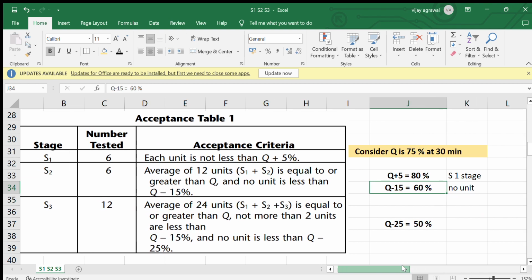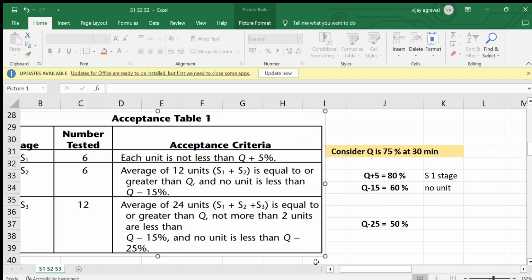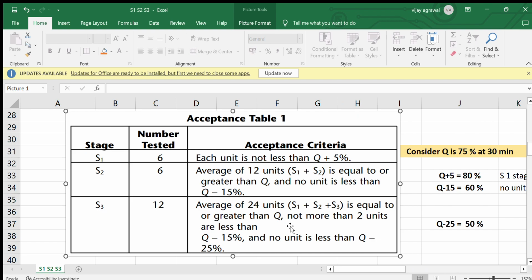If the dissolution testing fails at S2 stage, then we have to go to S3 stage. And what this S3 stage is saying: the average of 24 units, that means 6 plus 6 plus 12, S1, S2 and S3, is equal to or greater than Q. What is Q? It is 75%. So the average will be equal to or greater than Q, and not more than 2 units are less than Q minus 15.